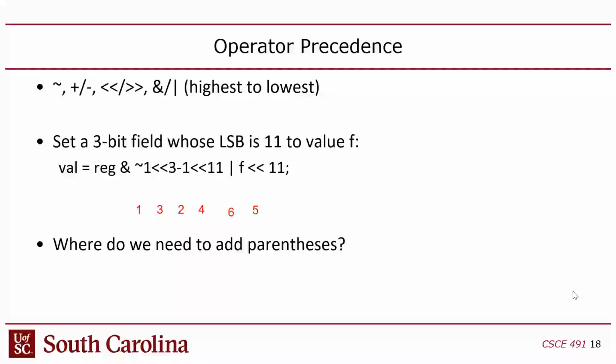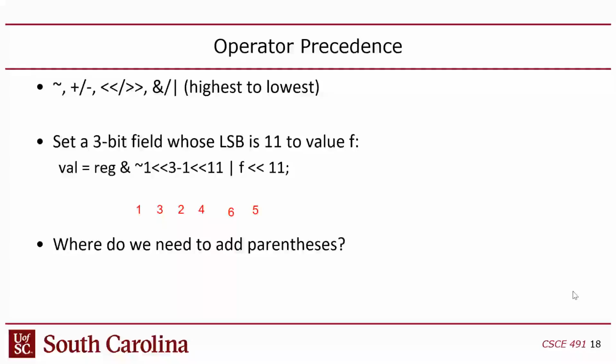Shift that 11 bits to the left, then complement that, then AND that to clear it. And then OR F shifted by 11 bits in, right? So this one line of code will take the value of F and put it into the bit field that is bits 11, 12, and 13.